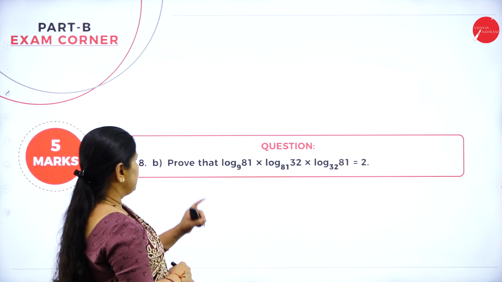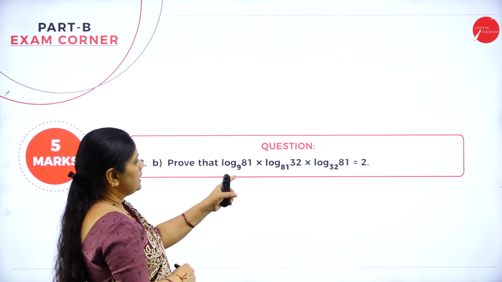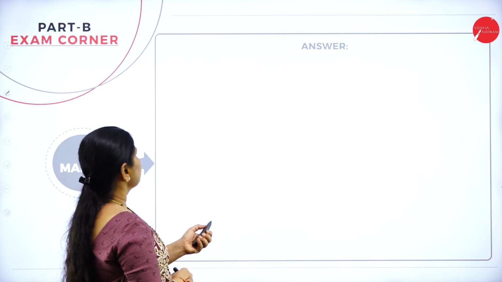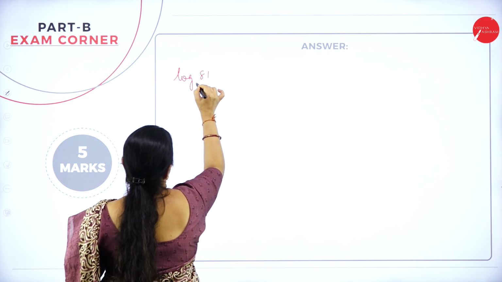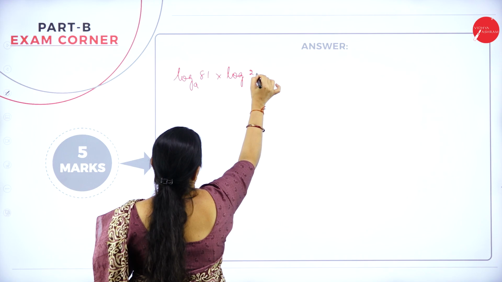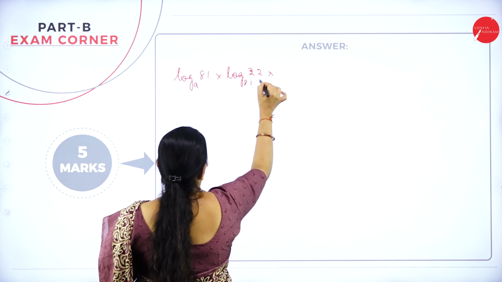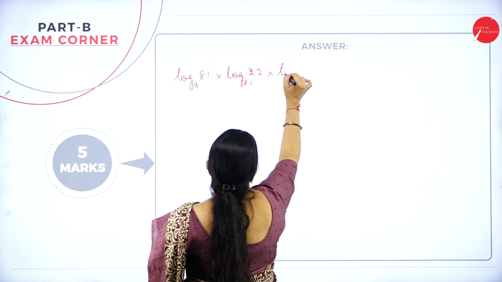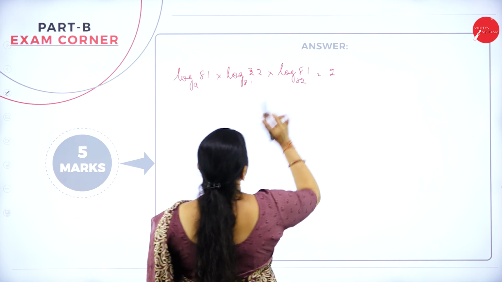Now the next problem. Prove that log 81 to the base 9 into log 32 to the base 81 into log 81 to the base 32 equals 2.